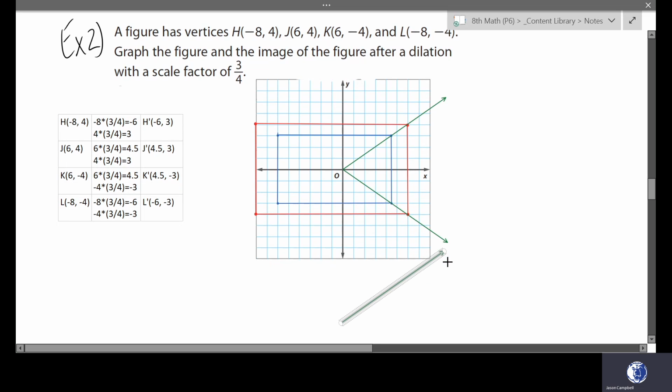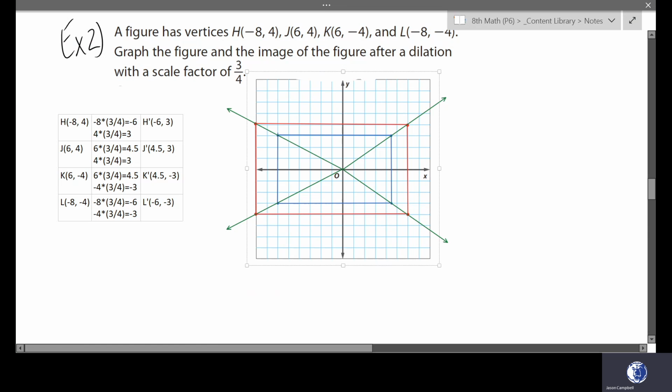It does there. It goes through there. And finally, it goes through both of these points as well. So our dilation is correct.